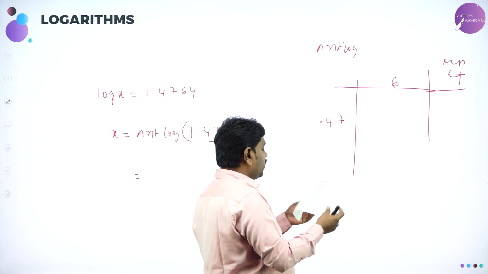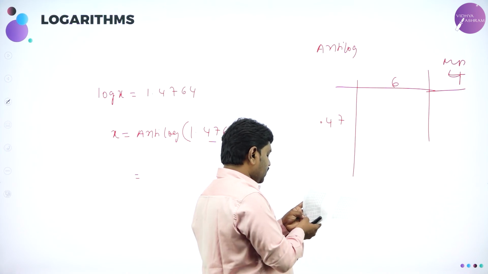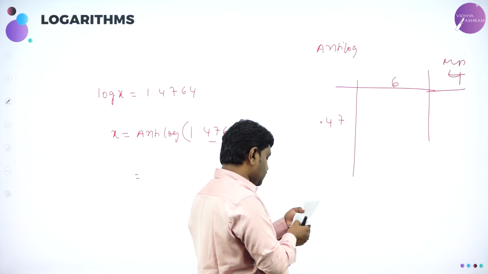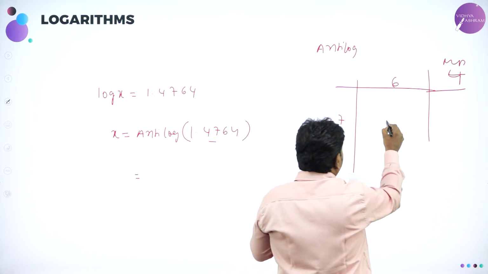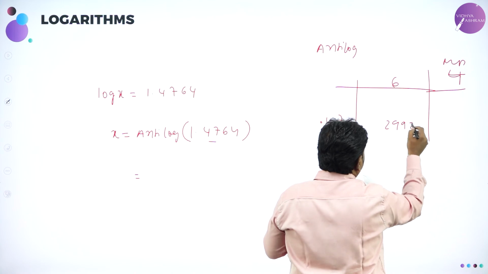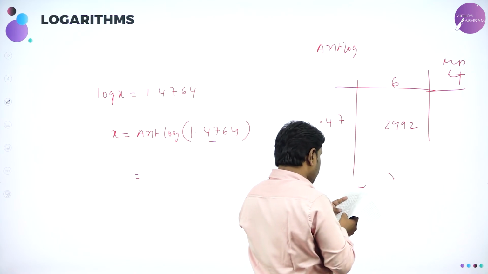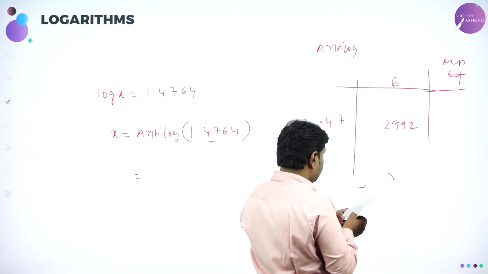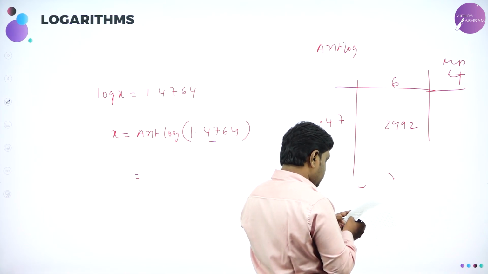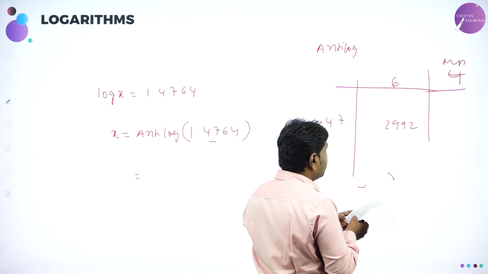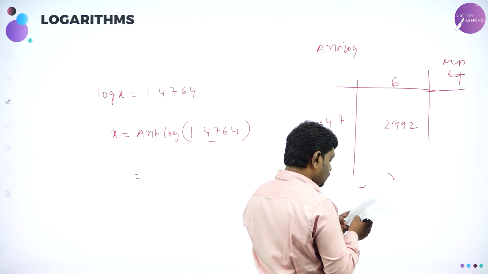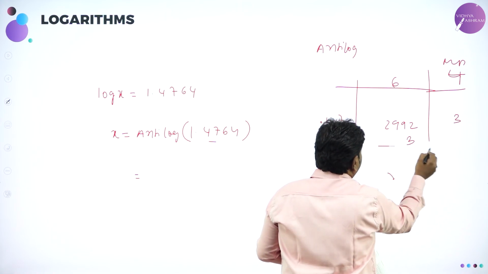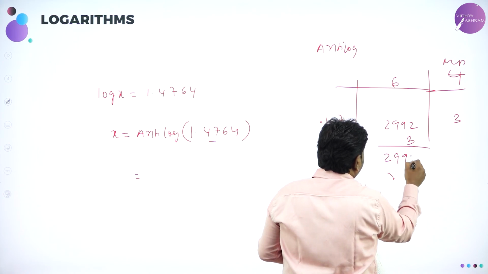In anti-log 0.47, go for 0.47 under 6. 47 under 6 is 2992. Mean difference is under 4. Under 4 it is 3. So that 3 you should add here, so it will become 2995.